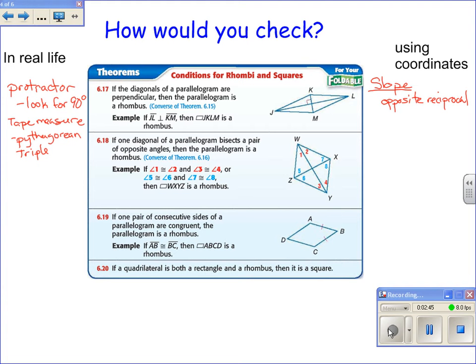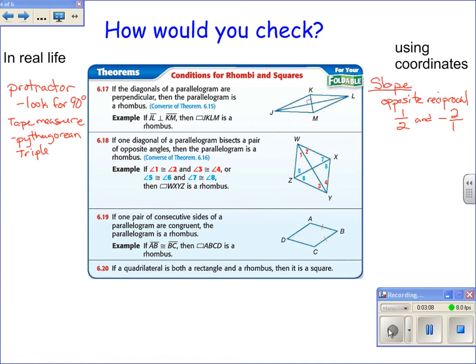An example of an opposite reciprocal would be 1/2 and negative 2/1. One of them's positive, one of them's negative, and they're the reverse. 1/2 and then 2/1 is the reciprocal.